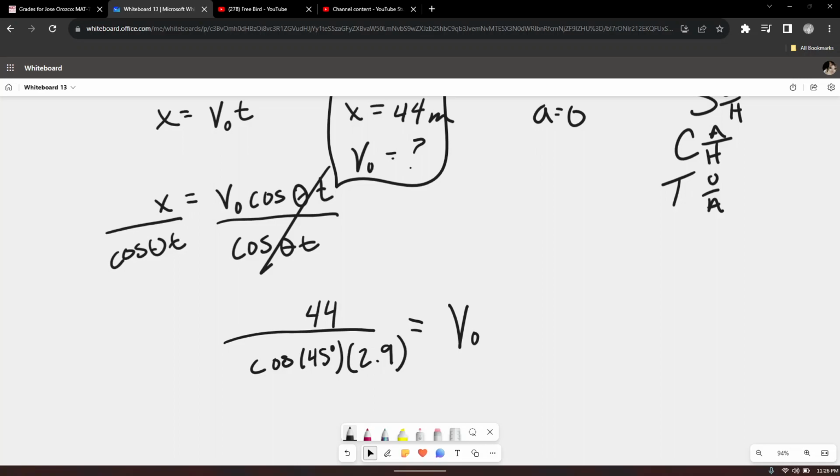Alright, let's go ahead and do 44 divided by cosine, let me actually add parentheses there, cosine of 45 degrees times 2.9.